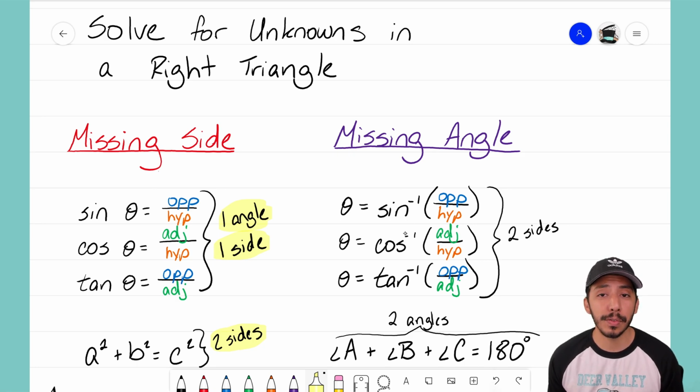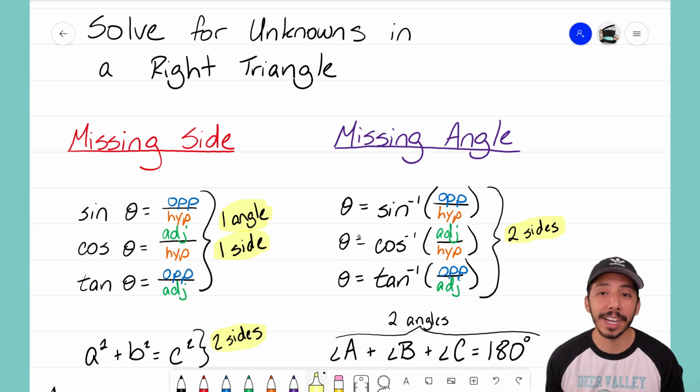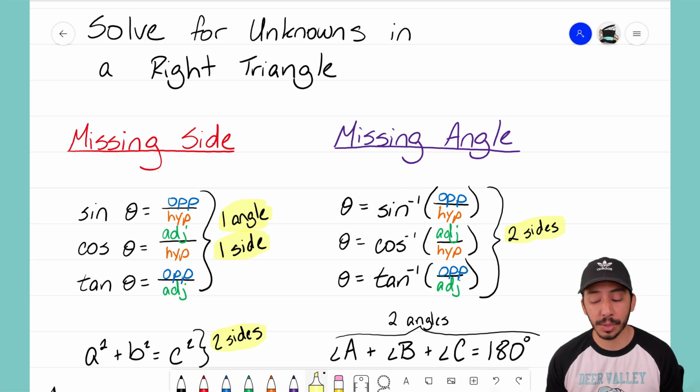We're able to solve for a missing angle in that right triangle when we know two sides of that triangle. Again, this is for solving for an unknown angle in the right triangle, kind of excluding that 90-degree angle. We're trying to find our reference angle, so that's when we can use inverse sine, inverse cosine, and inverse tangent.